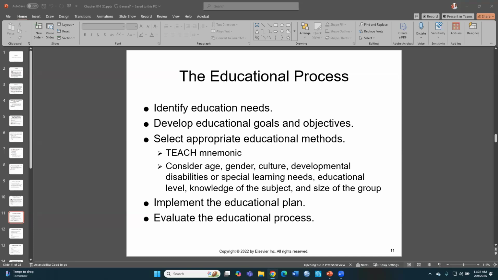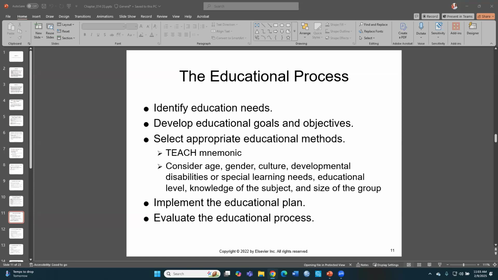So when we look at disabilities or special learning needs, do we have patients that are hard of hearing? Are they blind or have difficulty seeing? What's their native language? So we do need to provide material that is appropriate for everybody that we are going to be teaching.